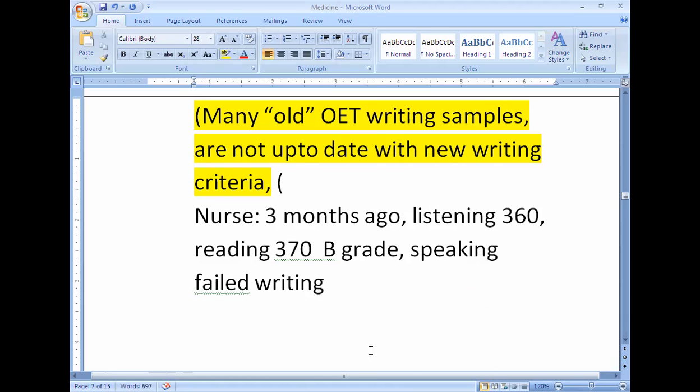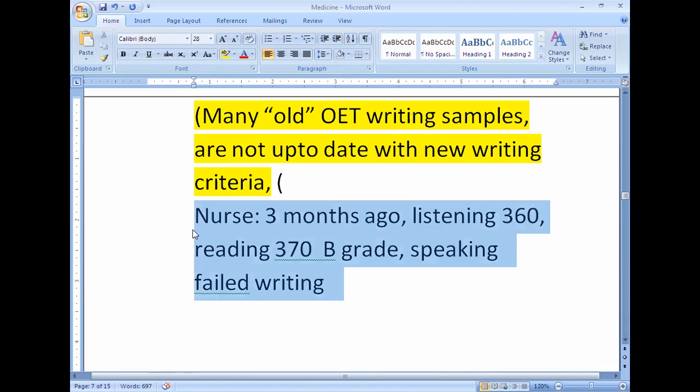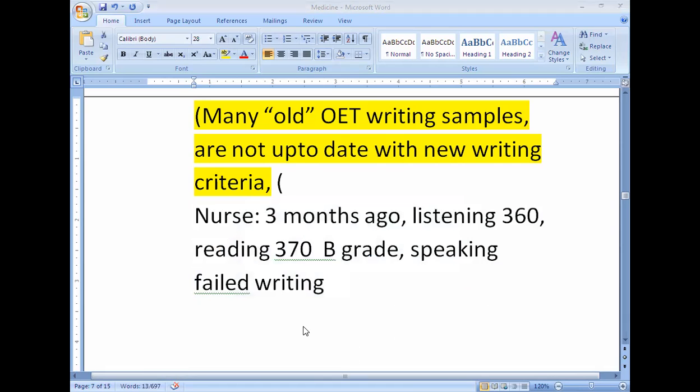Okay, Miss Tatiana, what will this student do after this result? She will go to any OET tutor who is teaching writing and improve her writing. She is thinking that she is very good in listening and reading, she got B, and speaking very good.